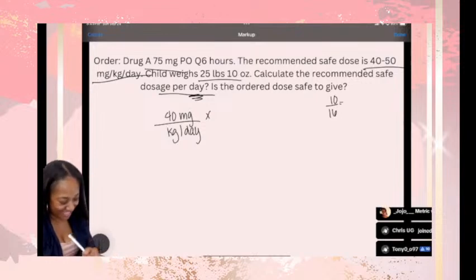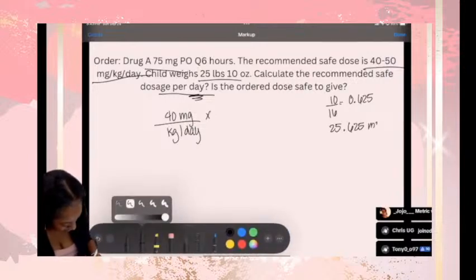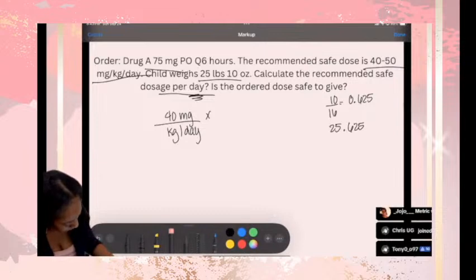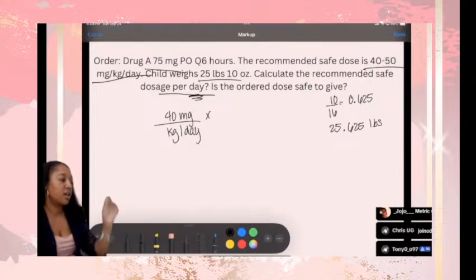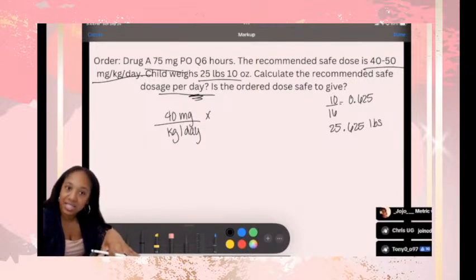So 10 divided by 16 is 0.625. So it's going to be... Not milligrams. It's gonna be pounds. Alright. That's our weight. And we know how we got our weight by dividing the 10 over 16 because there are 16 ounces in 1 pound.